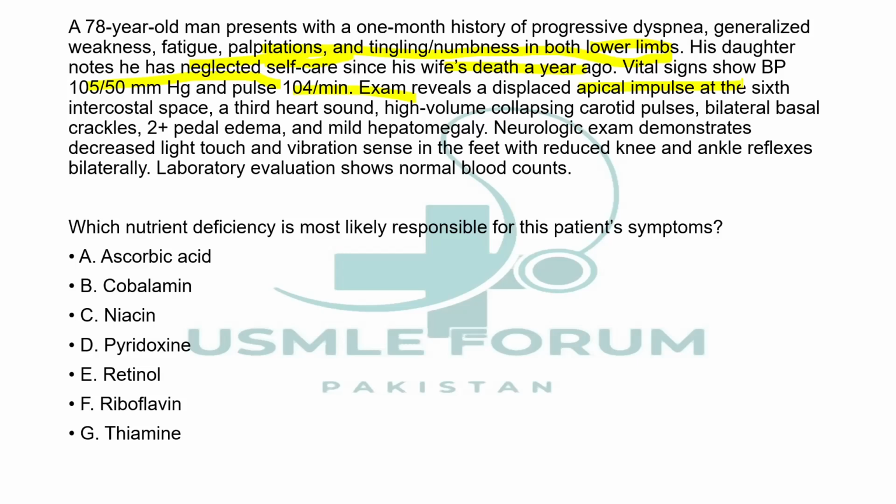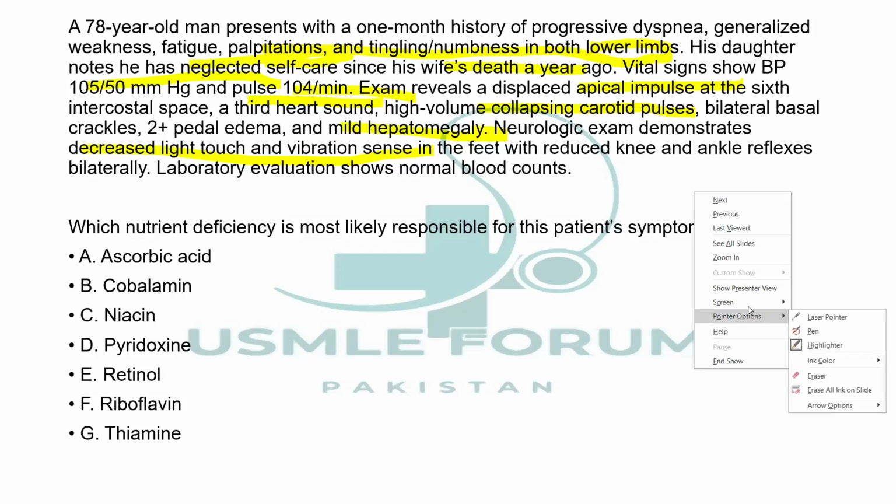Examination shows a displaced apical impulse, a third heart sound, and a high volume collapsing carotid pulse. There are bilateral basal crackles, 2 plus pedal edema, and mild hepatomegaly. Neurological exam demonstrates decreased light touch and vibration sensation with reduced knee and ankle reflexes bilaterally. And the blood is showing normal counts.